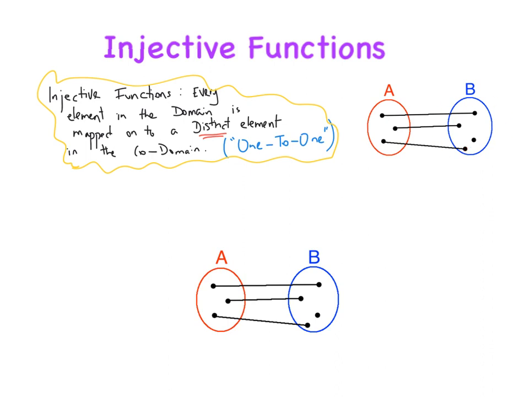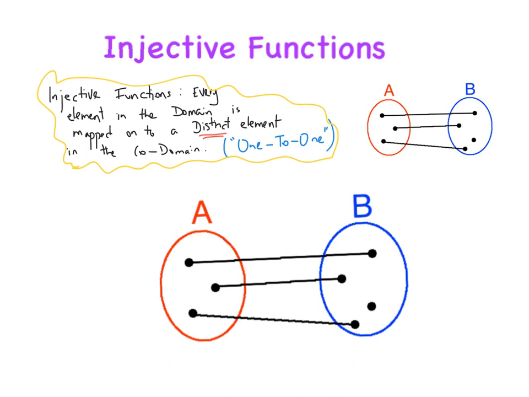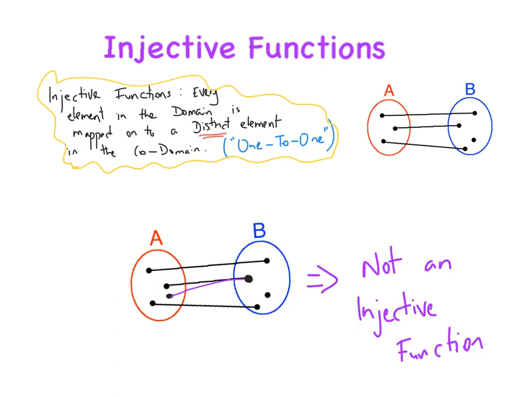If I want something to be not injective, say for example, if I had this function here and I had another element in A, well, if I have that mapped on here, that's clearly not injective, because now I have two things going to the same output. So this example now is no longer an injective function.